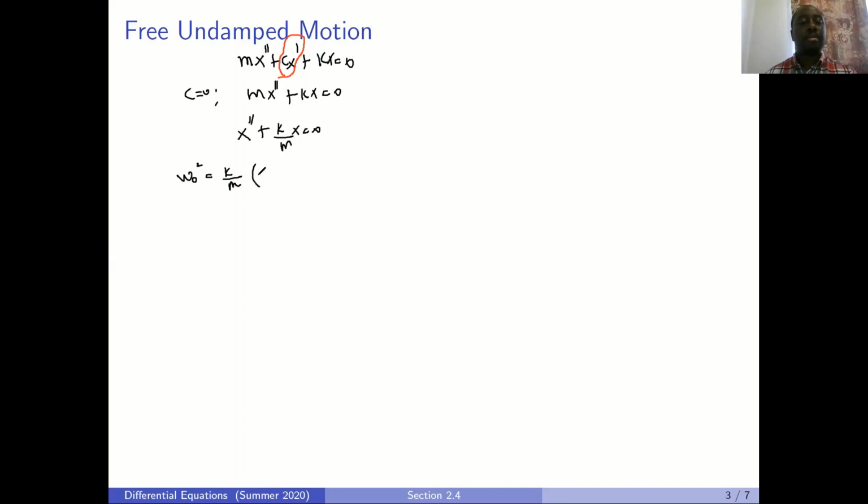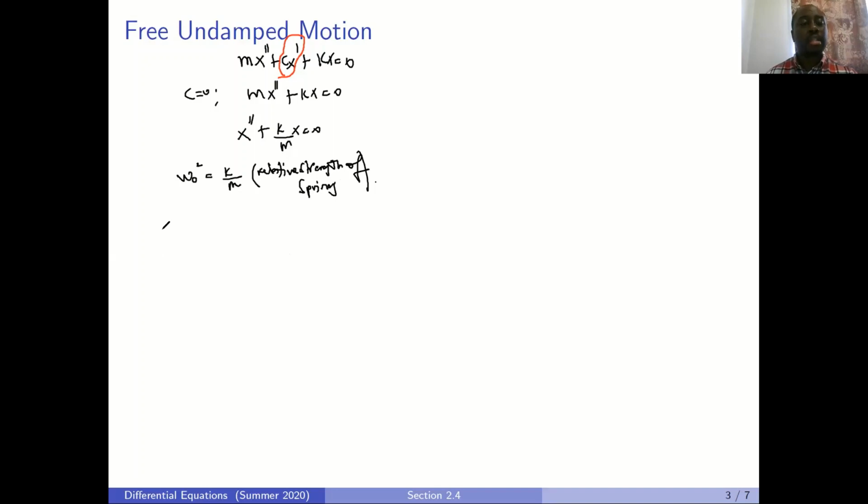So it's basically a measure of how strong the spring is given the mass of the object we have. It's going to be an important quantity going down the line. So this is the relative strength of the spring, in a sense. We'll define this more formally later on.